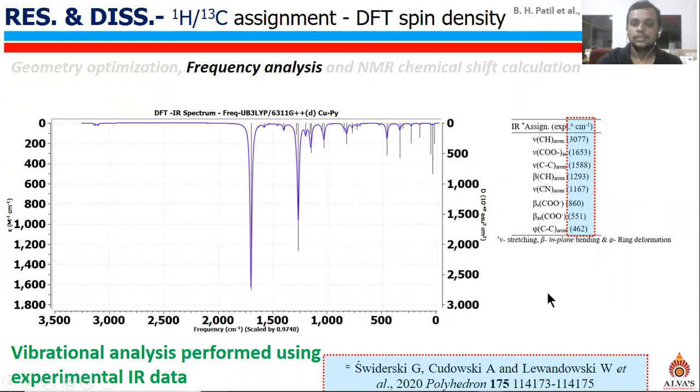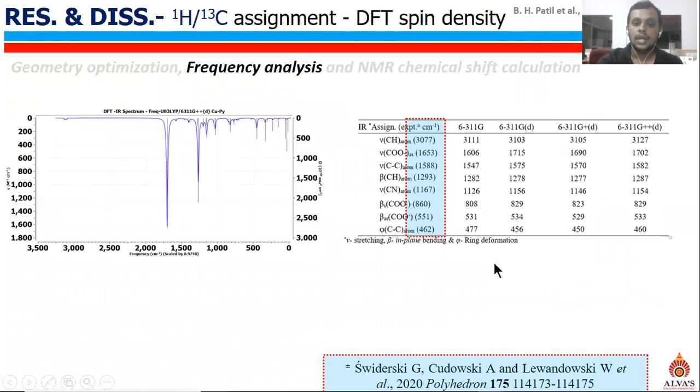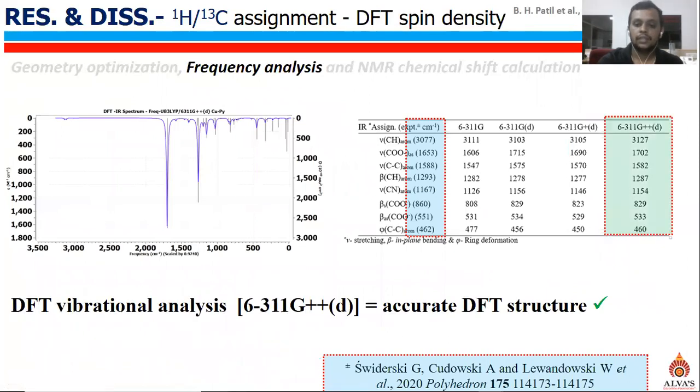These vibrations are in agreement with the experimental assignments made by Lewandowski and co-workers. Since the DFT with the 6-311G plus D basis set and the experiment are in close relation to each other, we can say that 6-311G plus D gives the accurate DFT structure.